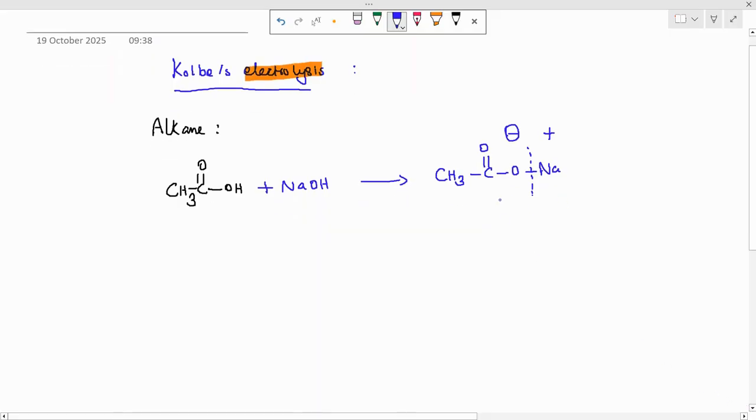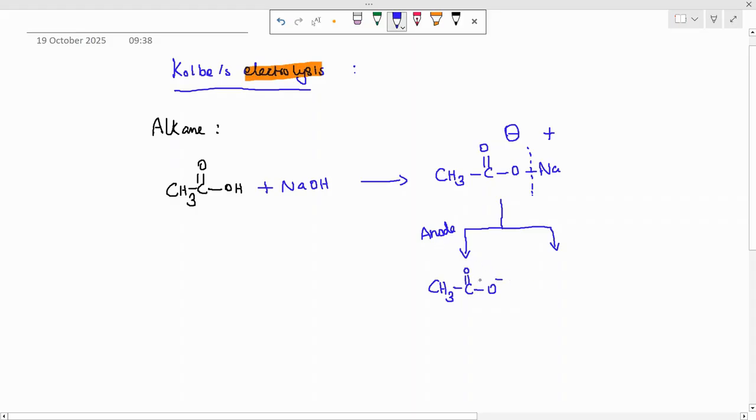We are doing electrolysis. What is the meaning of electrolysis? We are passing current, that is, we give electrical energy to separate this into anode compartment and cathode compartment. Why do we get the name anode? Because it will attract anion. Anion is the species which has the negative charge.